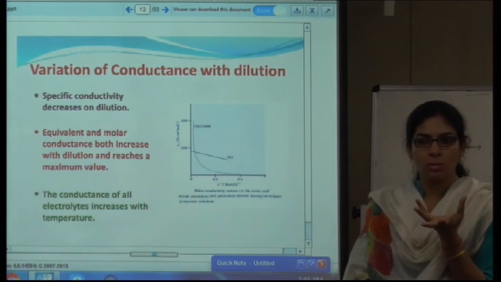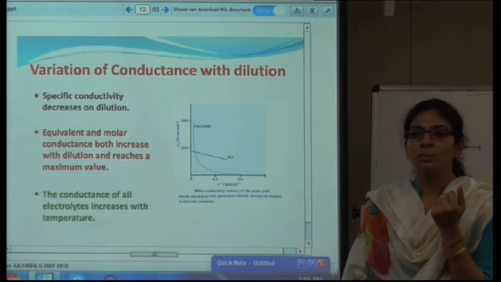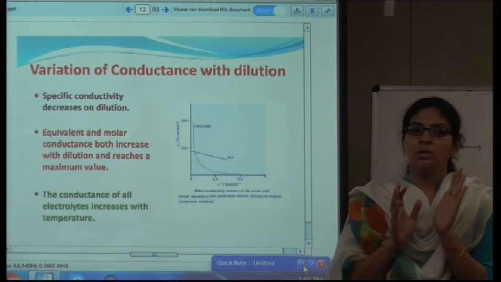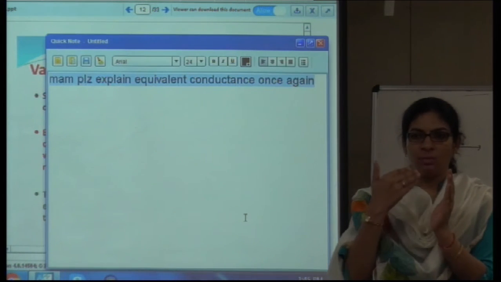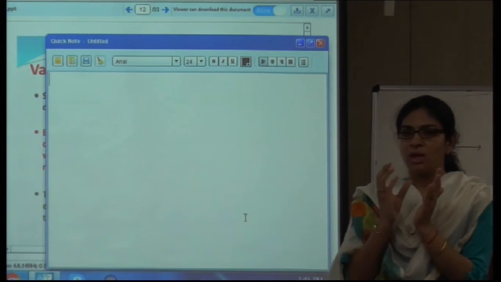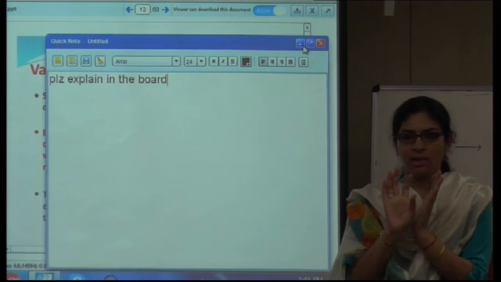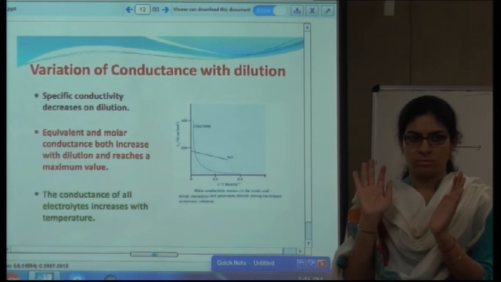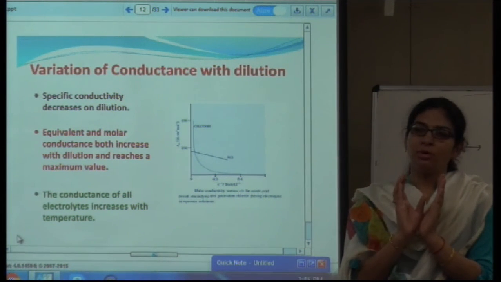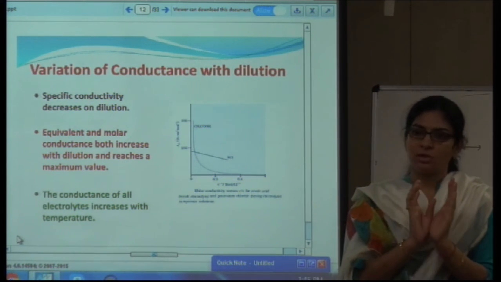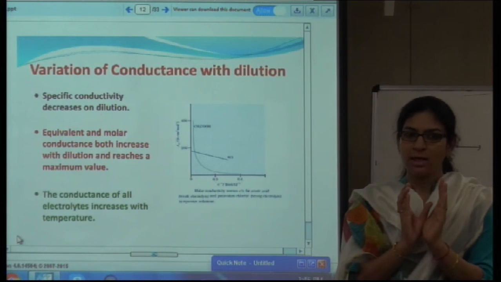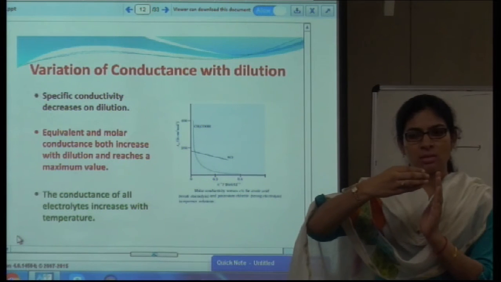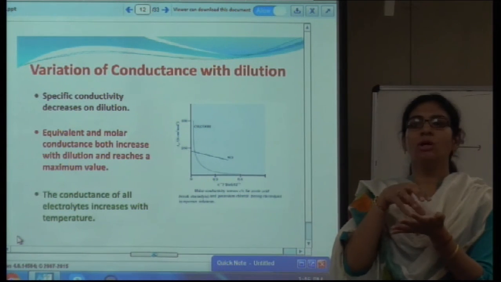If 1 cc of volume is there, suppose initially you have taken 1 gram equivalent of solution, then that entire amount is in 1 cc only. Now if you dilute the solution, you still have to take 1 cc of that solution only. So now you see that compared to the initial one, you had more number of ions.